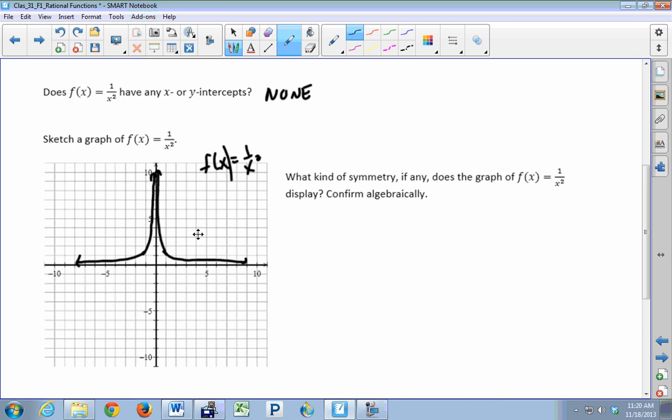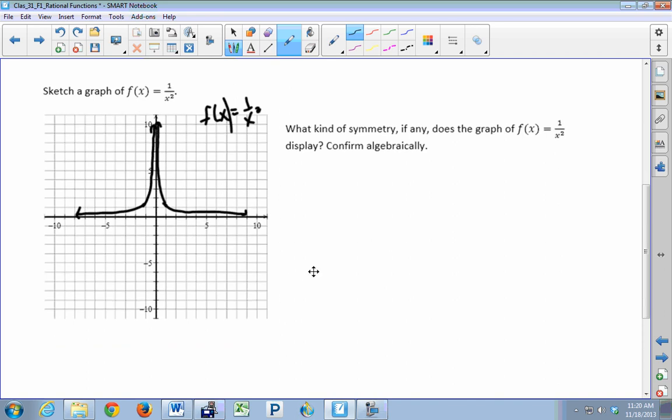Okay. Just looking at this graph, what kind of symmetry does this have? Y-axis. You can see if you fold that graph right along your y-axis. In fact, I'm going to make my y-axis be dotted, okay, because I can't touch that. And in this particular case, my x-axis is the horizontal asymptote. How do you show it algebraically?